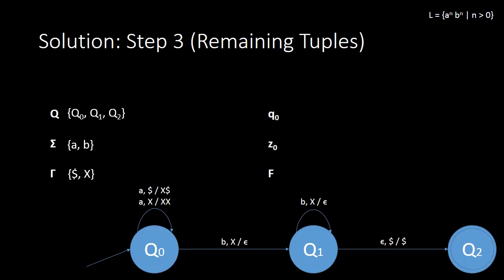The start state is the one pointed to by the arrow, so that is Q0. Z0 is the symbol which signifies the stack bottom or the empty stack, and that is dollar. F is the final state. The final state is the one with the concentric circle, and that is Q2.